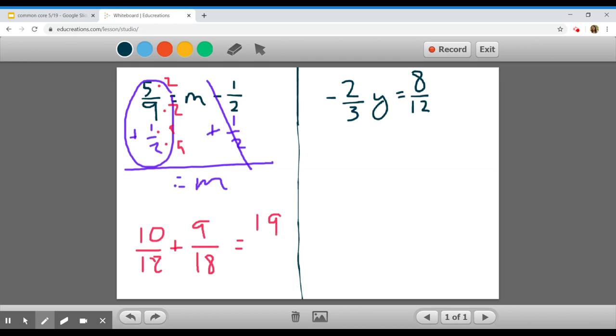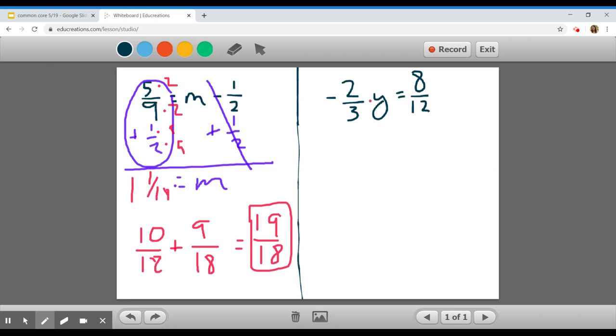Final answer, 10 plus 9 is 19/18. I keep the denominator. I could keep that as my final answer. There's nothing wrong with an improper fraction, or if I wanted to, I could rewrite it as 1 and 1/18. Either way works.